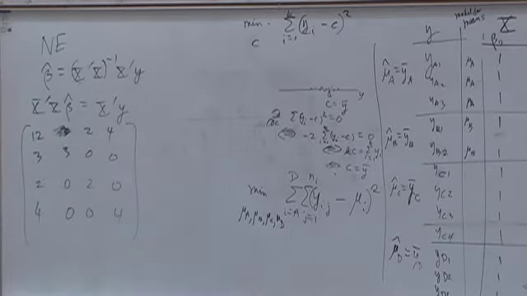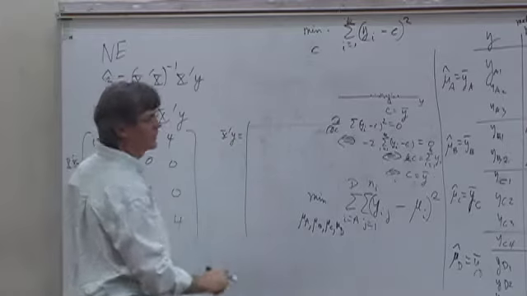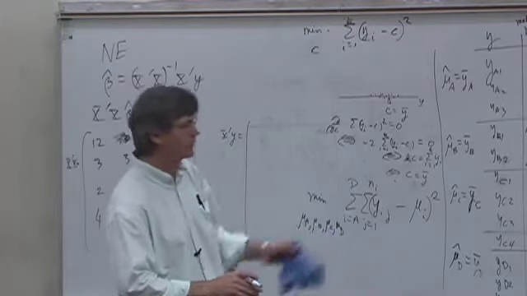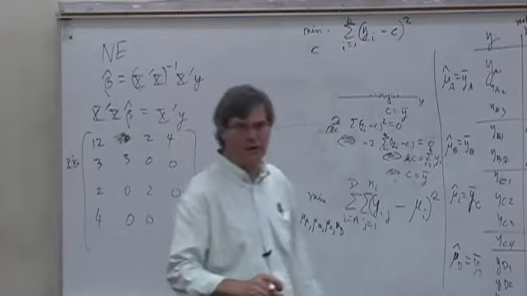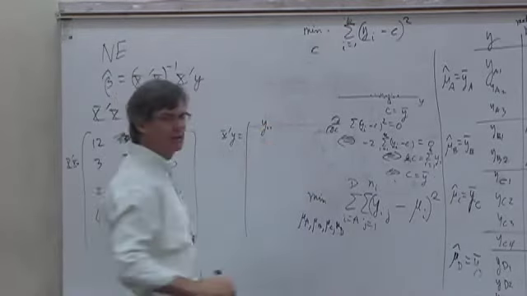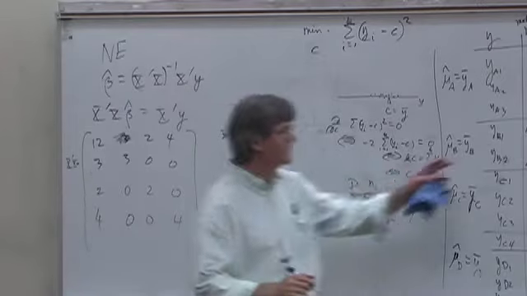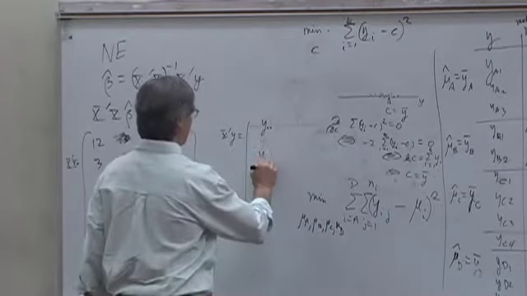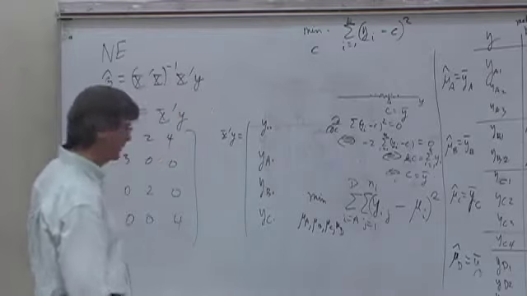I'm summing all the y's. When I put this on its side and multiply it against the y, I get what I call y double dot, the sum over all the y's. Then I get y a dot, y b dot, and y c dot. I don't get any y d dots here.